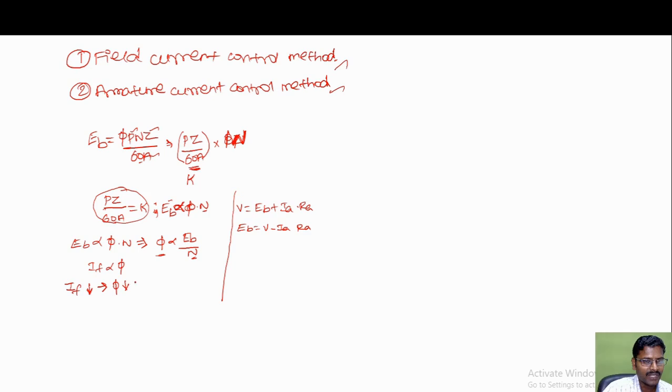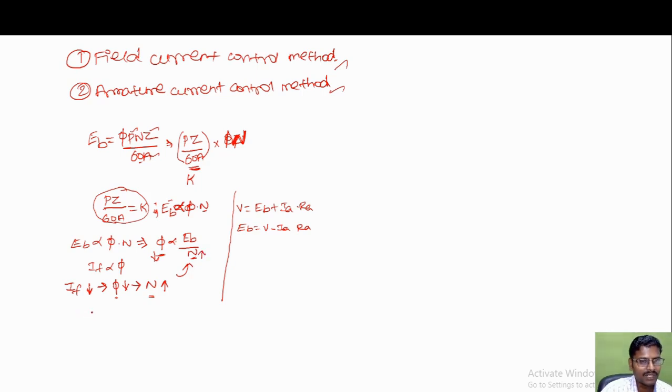So when I reduce the excitation current or field current, the number of flux lines in the field winding will get reduced. So this will affect the speed, and now the speed will get increased, right? Now see this relation. I'm reducing the field current, which in turn reduces the flux, but speed increases, because flux is inversely proportional to speed.